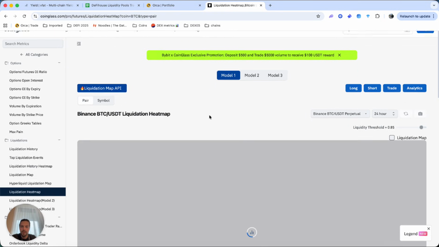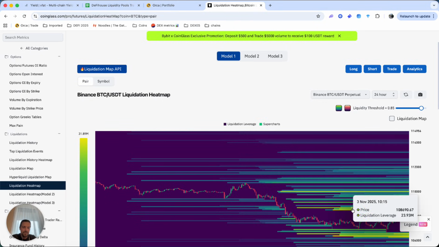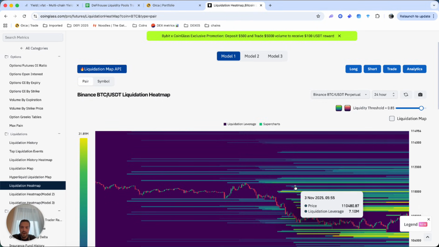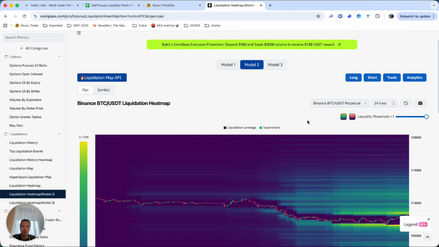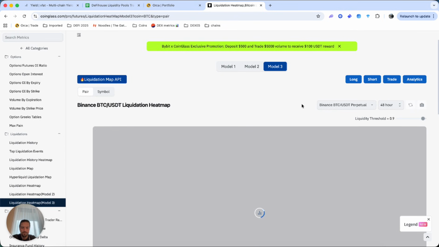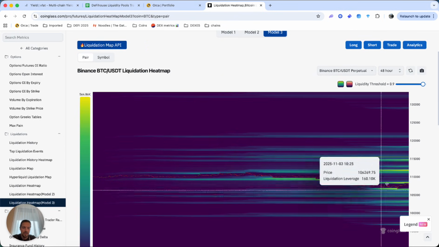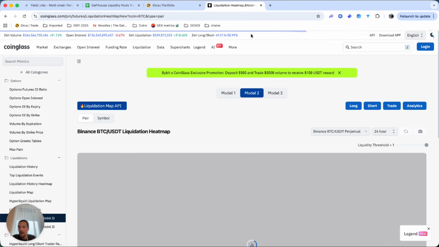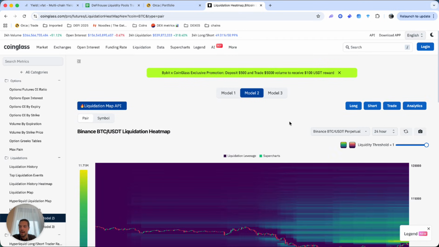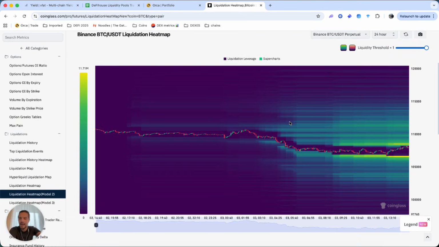If you use model 1, you have lines, very specific strict ones. On model 2, you have a bit more like areas, so to speak, and model 3 offers different ones. In my opinion, model 2 works the best, so we will have that.